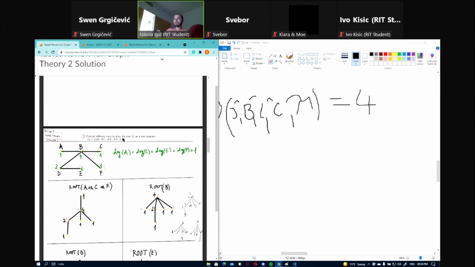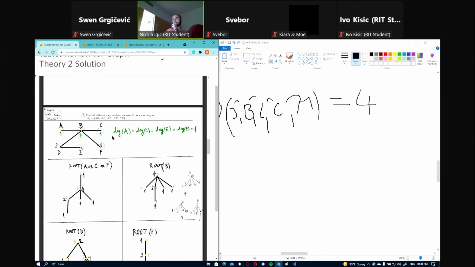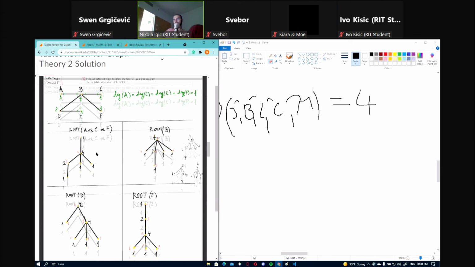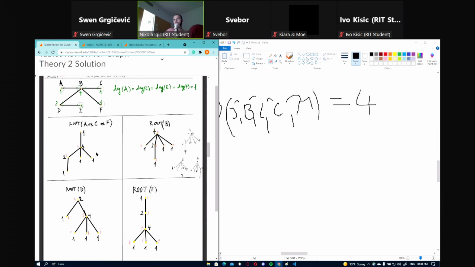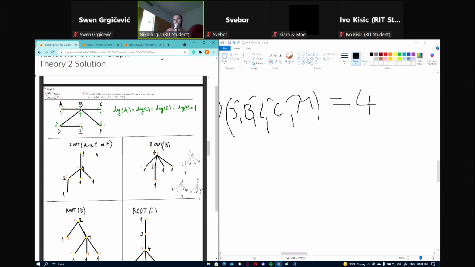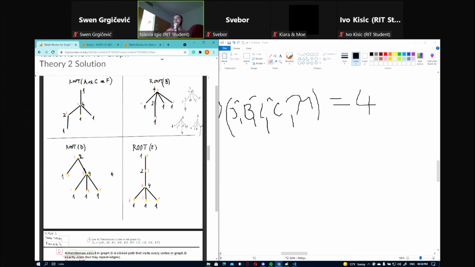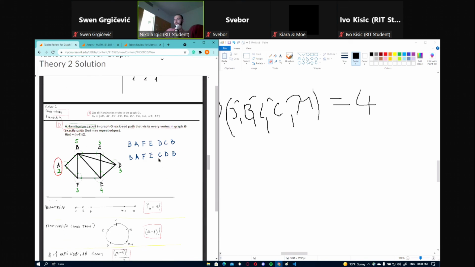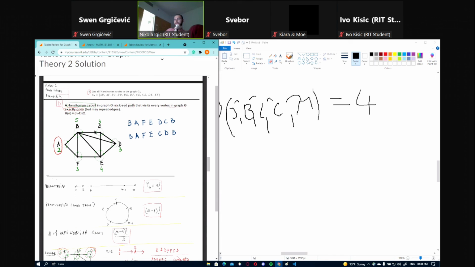Find all different ways to draw the tree as a diagram. Oh, let me see. Okay. He's just trying to find a different way of drawing it. Okay, it's not that hard.